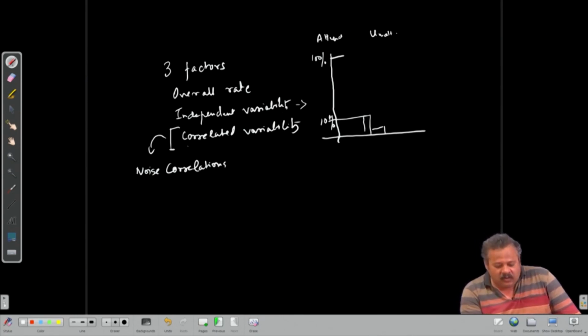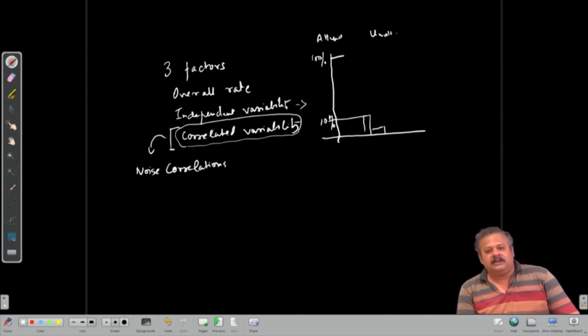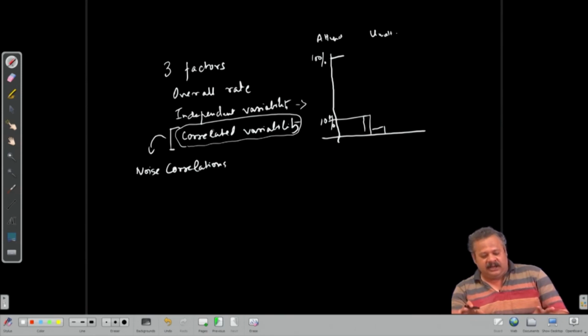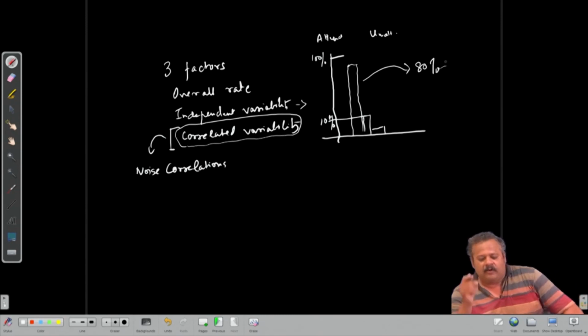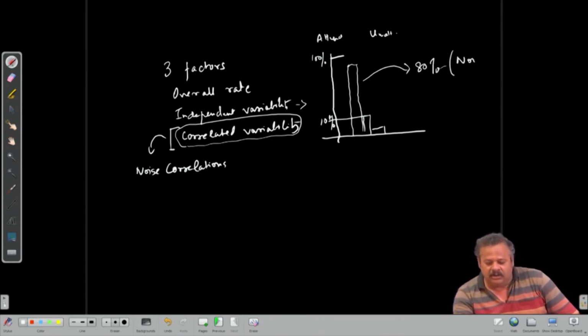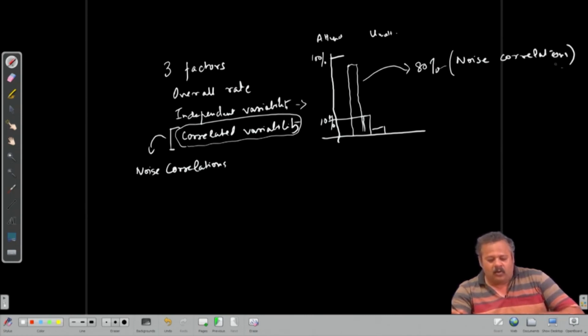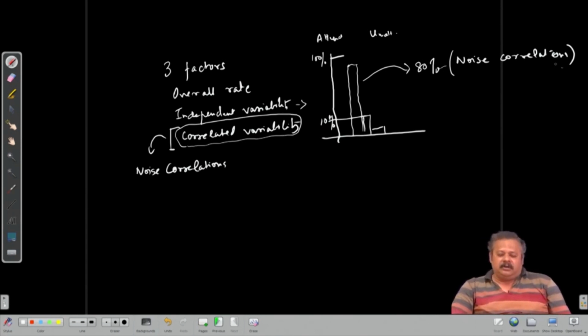But just correlated variability itself, simply that you keep the noise correlations intact between the simultaneously recorded neurons, but rates are the same as what you see in the unattended state for the same pair of neurons, explains 80% of the gain in performance. So, this is the contribution of noise correlations, or the correlated variability in pairs of neurons.